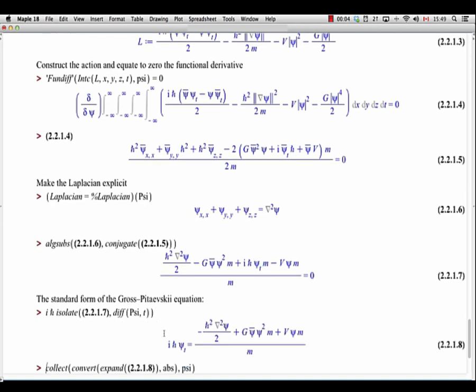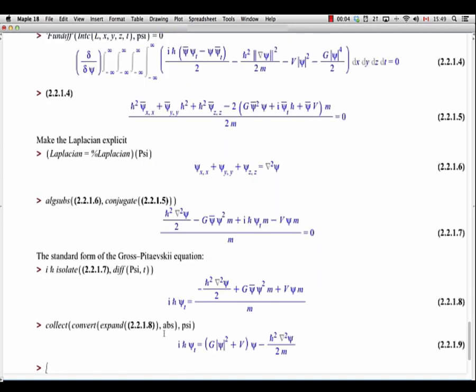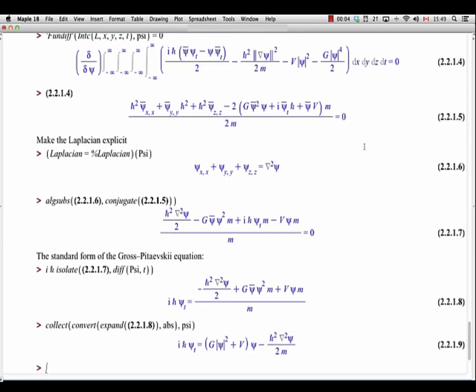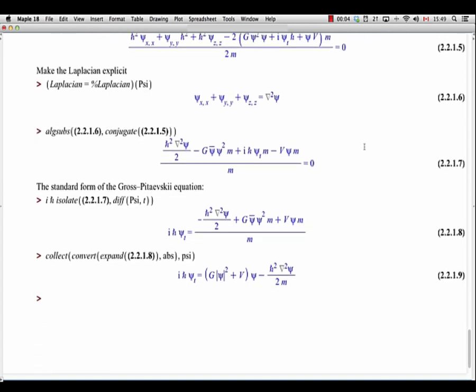So we get this, and applying just some collection, we get the Gross-Pitaevskii equation in its standard form. Again, a simple computation nowadays on a computer algebra system, on a computer algebra worksheet, but rather abstract if compared with the things that could be done a few years ago.